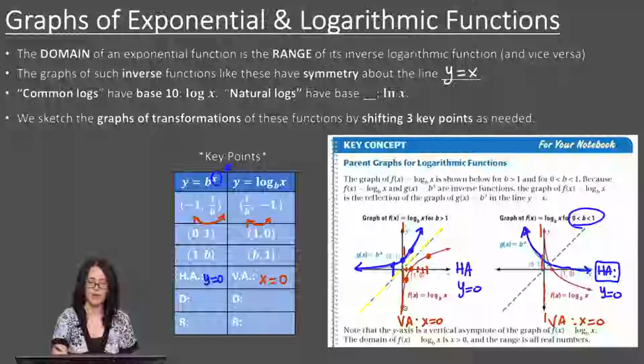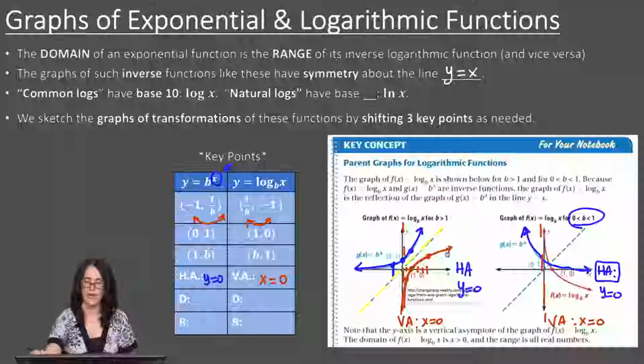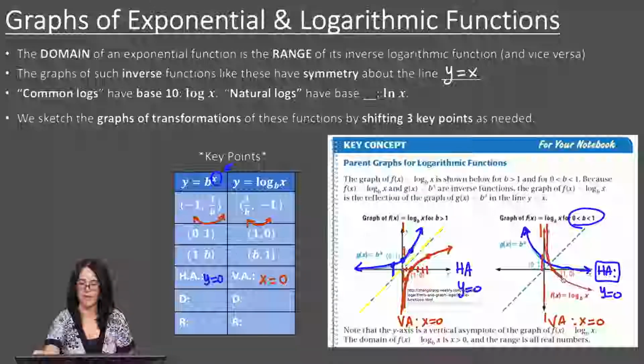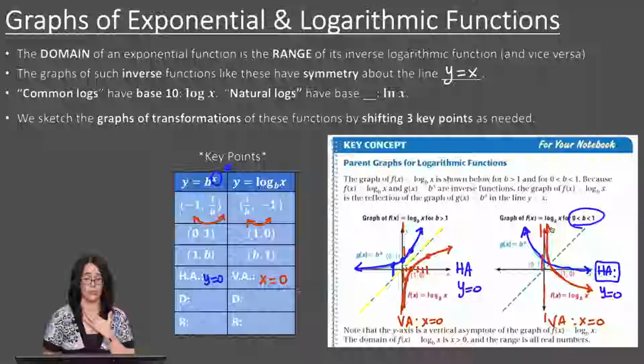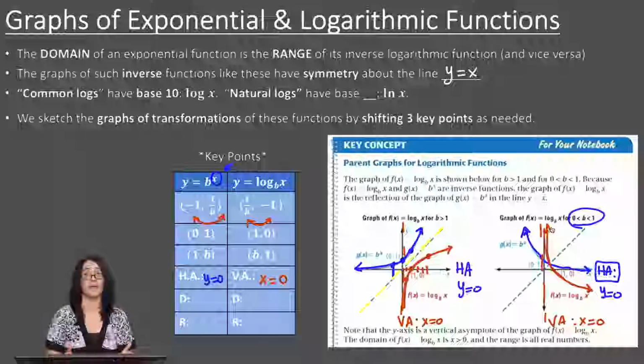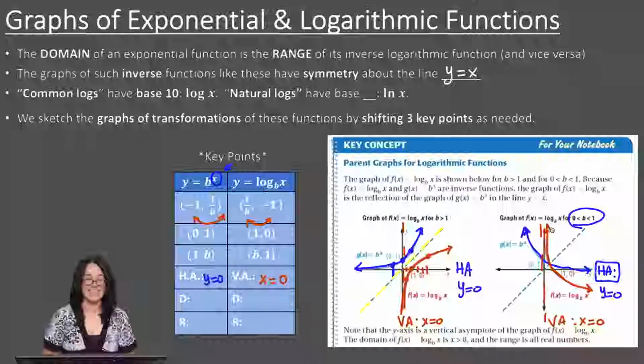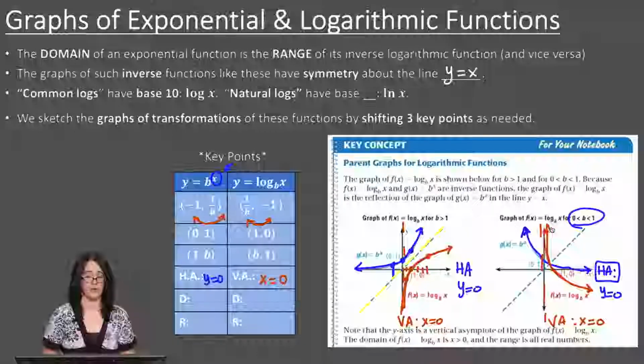Notice that my logarithmic graph here, which is growing whenever my base is bigger than 1, and here my logarithmic graph on the right is falling or decreasing from left to right whenever my base is between 0 and 1, like a fraction 1/2. So notice what happens, though, for your available inputs. It's no longer the case that you could put any x value into a logarithmic function.